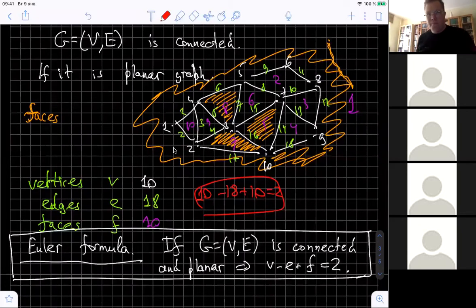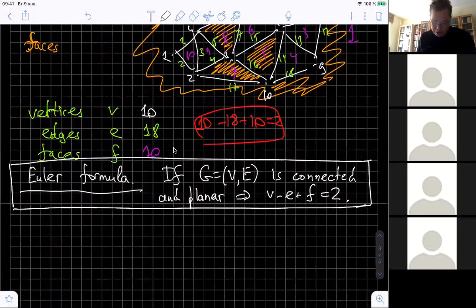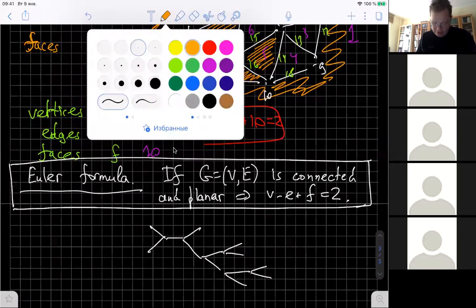Sir? Yeah. So the whole graph is one face. For example, if you have a tree, then you have only one face.